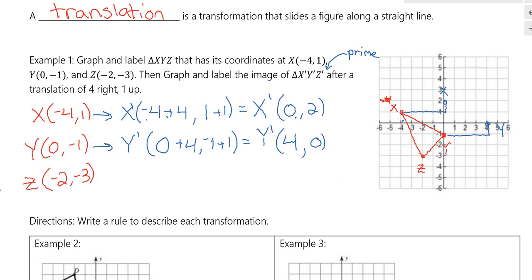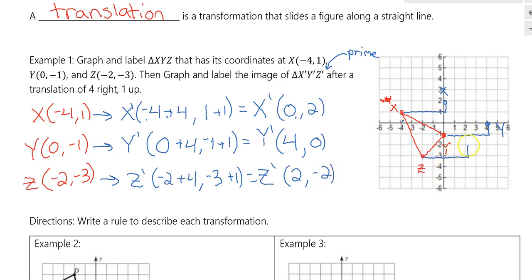And then finally z, -2 plus 4, and your y is plus 1. -2 plus 4 is 2. -3 plus 1 is -2. So again, over 4 up 1, that does give you -2, 2, and that's your z.